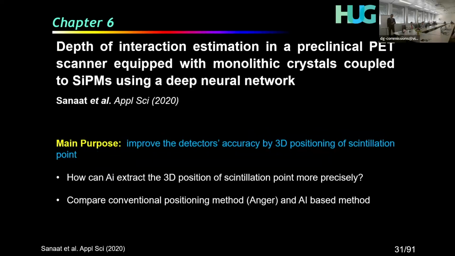So in chapter 6, we discussed a deep learning model for estimation of the scintillation position inside of monolithic crystals. We basically wanted to understand how AI can extract the depth of interaction and the position of scintillation. We also compared the performance of this AI-based method with a conventional positioning method like Anger.